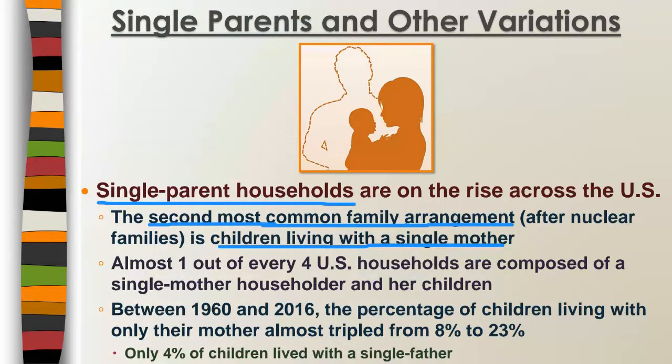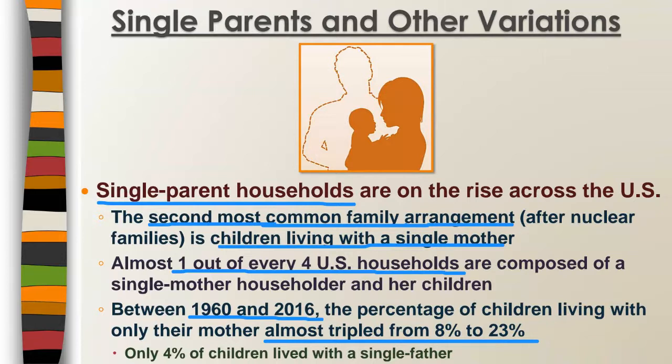Almost 1 in 4 U.S. households are composed of a single mother householder and her children. And between 1960 and 2016, the percentage of children living with only their mother almost tripled from 8% to 23%. So that's a pretty huge jump, right?